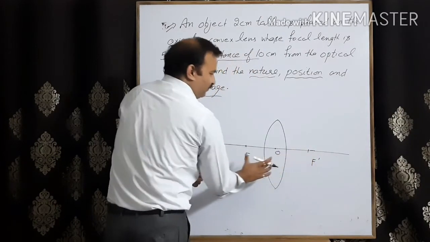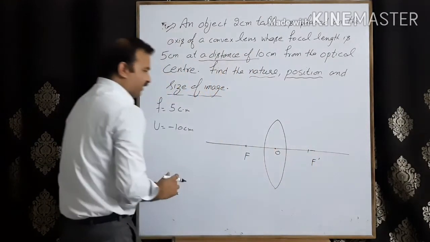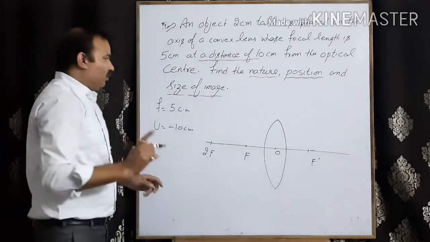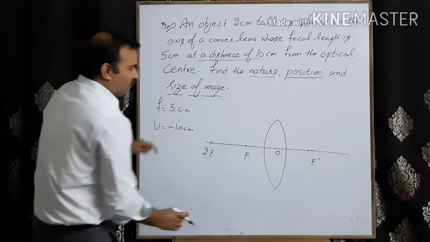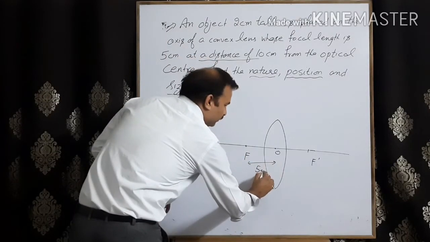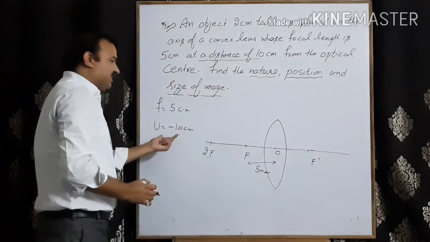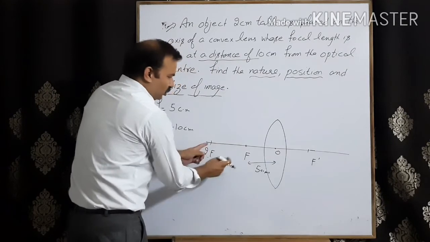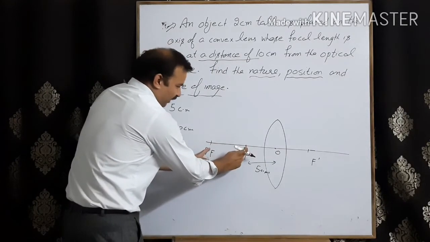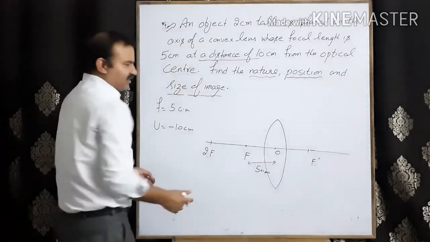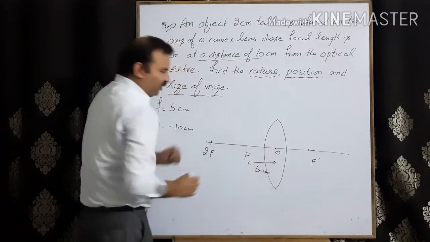This OF dash and OF are the same, and this is 2F. Now what is the focal length? 5. It means OF is 5. We also know that the distance between F and 2F is equal to O and F, or simply we can say F is the midpoint of O and 2F.